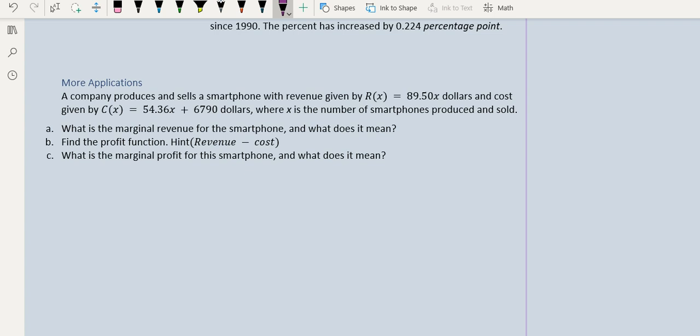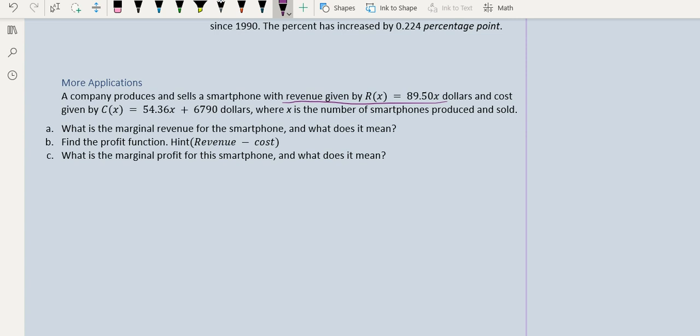Okay, so the marginal revenue is 89.5, because R means revenue, right?